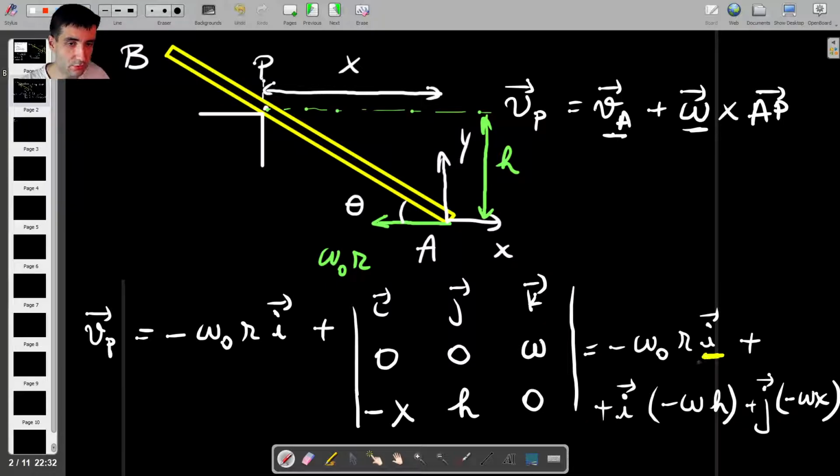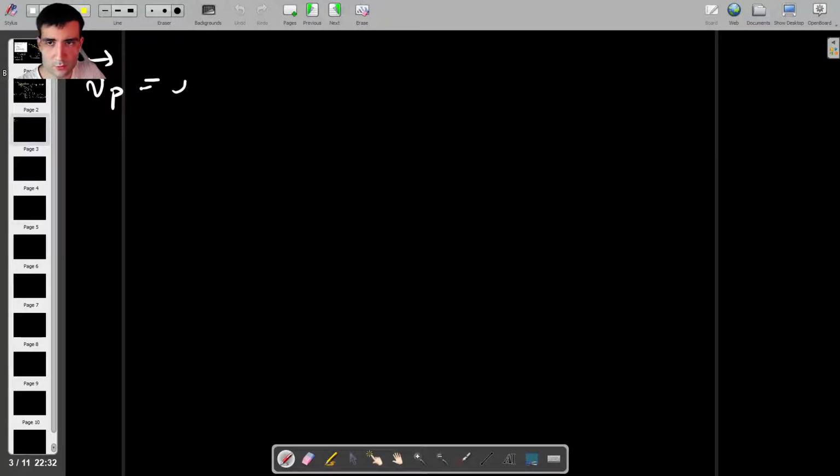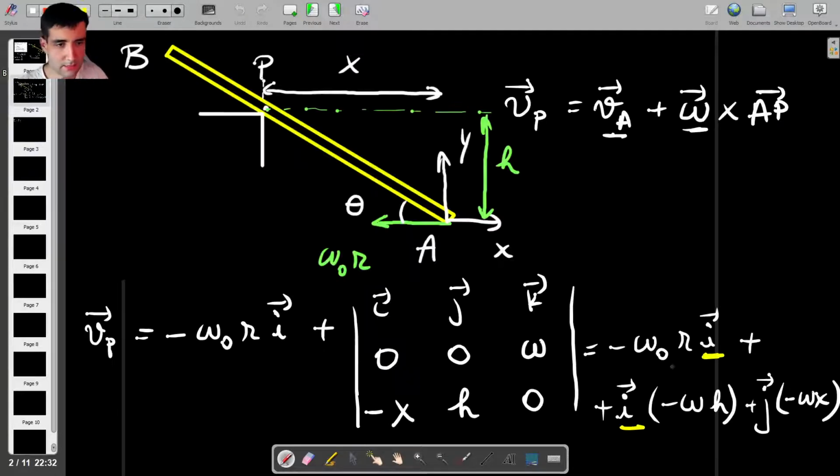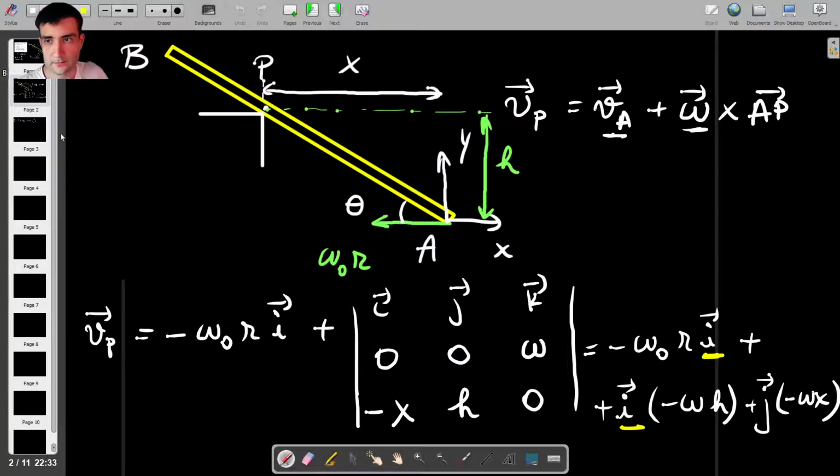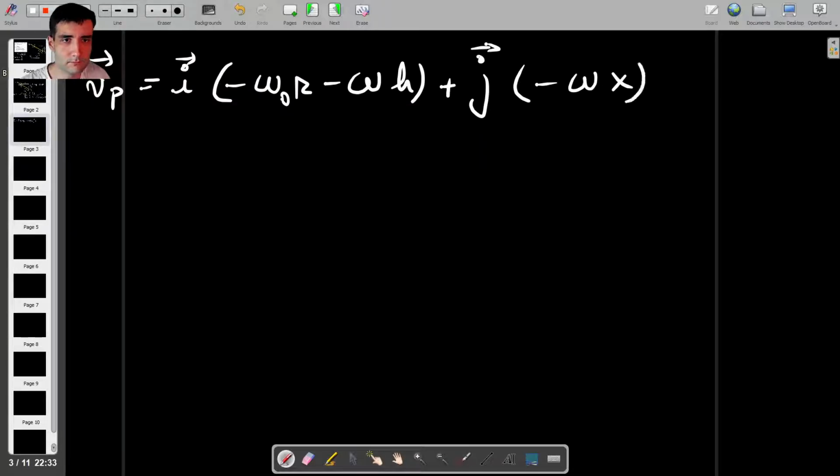I'll group the terms together, so I'll put all the i's and the j's together. So the velocity of point P is going to be equal to i times minus omega naught r minus omega h, and then for the j component, plus j times minus omega x.